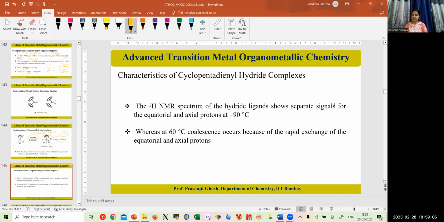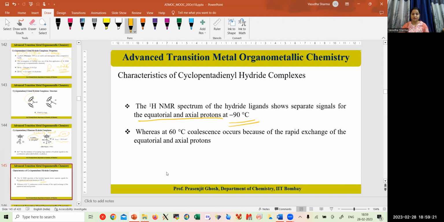So the proton NMR spectrum of these hydride ligands show separate signals for the equatorial and axial protons at -90 degrees, whereas at 60 degrees coalescence occurs because of the rapid exchange of the equatorial and axial positions.